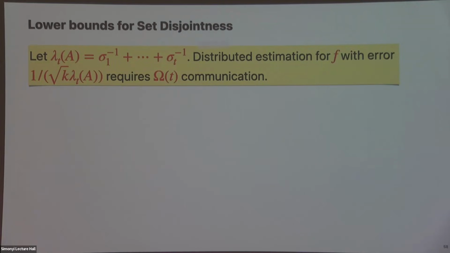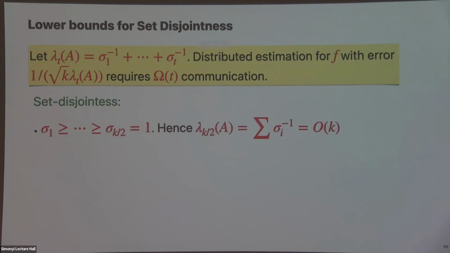But one thing which came out of here, now let me go back to Yotam's question. What happens for set disjointness? Well, for set disjointness, the spectrum is very easy to compute because the n by n set disjointness matrix is some kind of a direct product of a 2 by 2 set disjointness matrix. Half the singular values are greater than 1, half of them are less than 1.